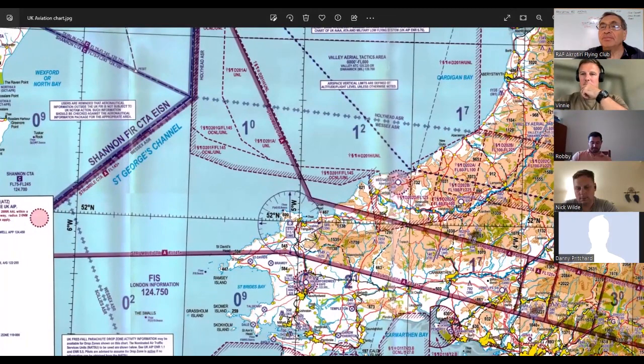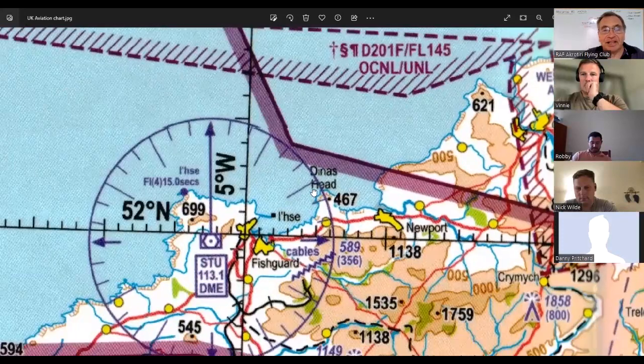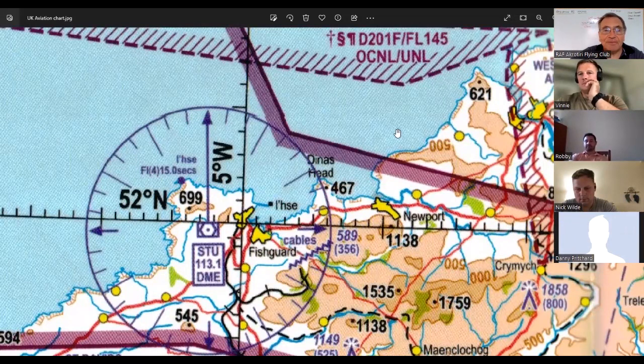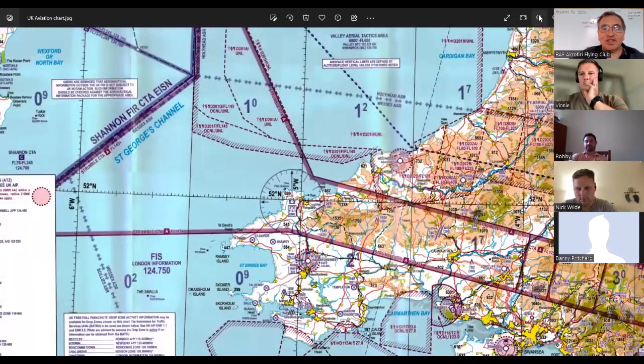And there we go. That's where we'll be going, just there, Fishguard. A ferry heads off from Fishguard to Rosslare in Ireland. And it's right next to a nice VOR with a DME. So it's dead easy to get to, because the latitude and longitude are such that you can put it in your GPS very easily, and it's a very easy port to find.